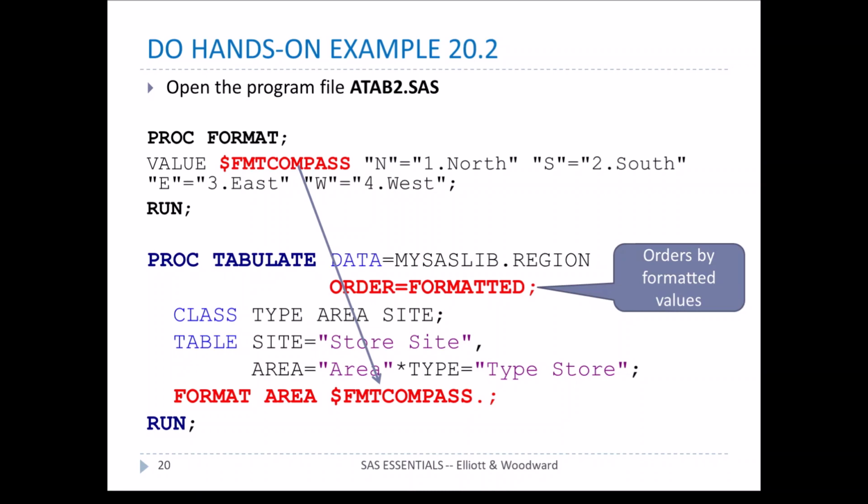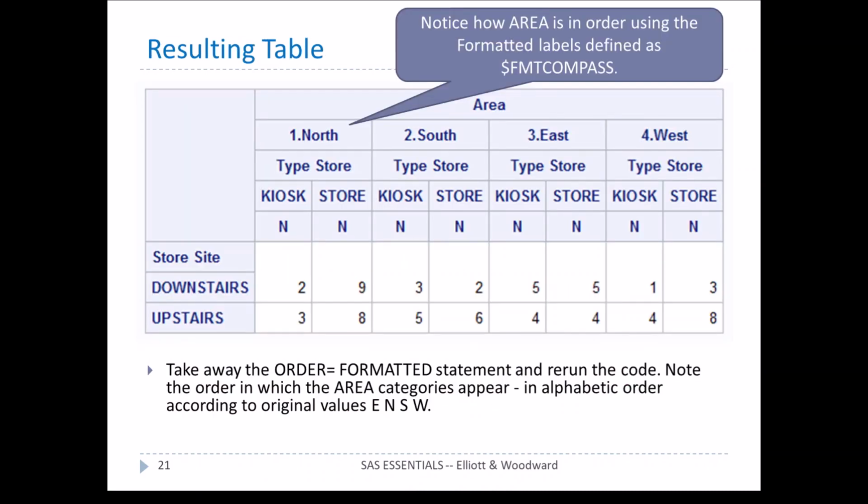We then again define the area format as the format compass. So that's going to cause the area to be displayed in order of its formatted items, which we defined. So now we see how we get here. In area, we get north, south, east, west, which most people use for compass points, so it makes the table a little bit easier to read. Otherwise, the table is the same as we've seen before.